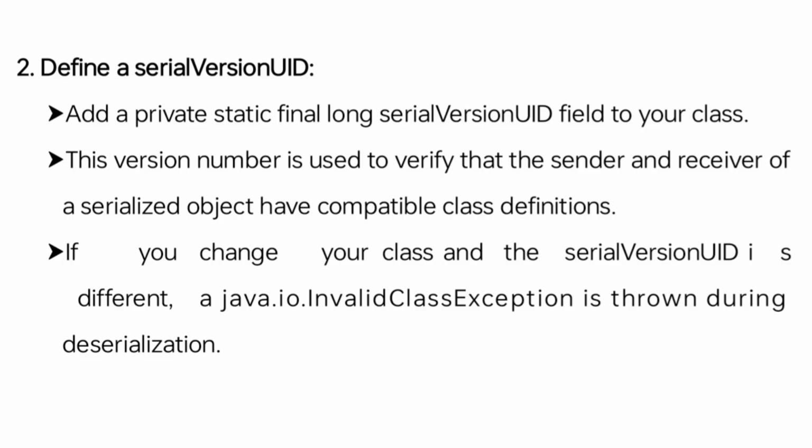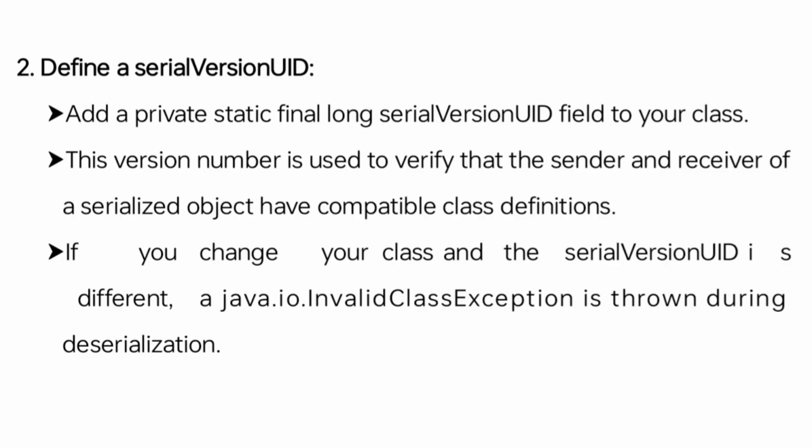Next one is to define a serialVersionUID. Add a private static final long serialVersionUID field to your class. We have to define one serialVersionUID in our serializable class. This version number is used to verify that the sender and receiver of a serialized object have compatible class definitions.